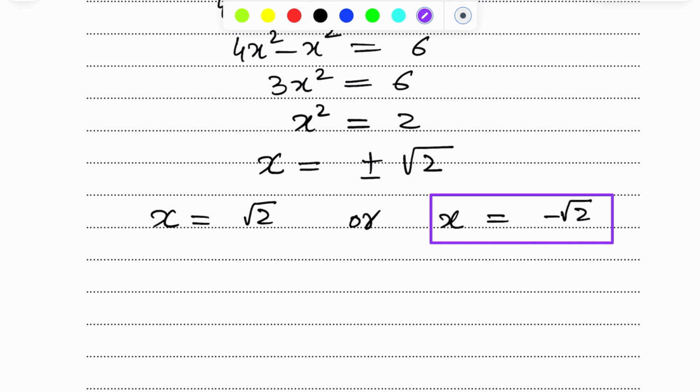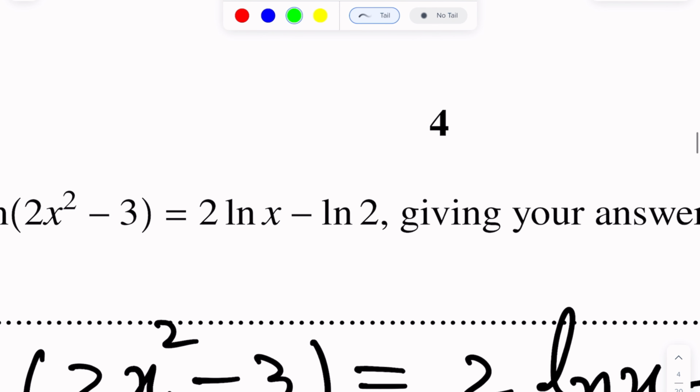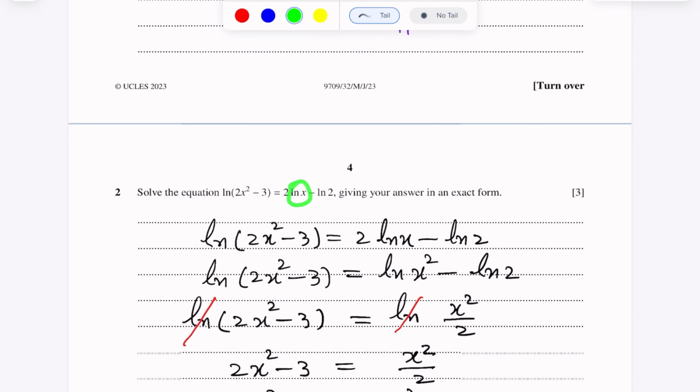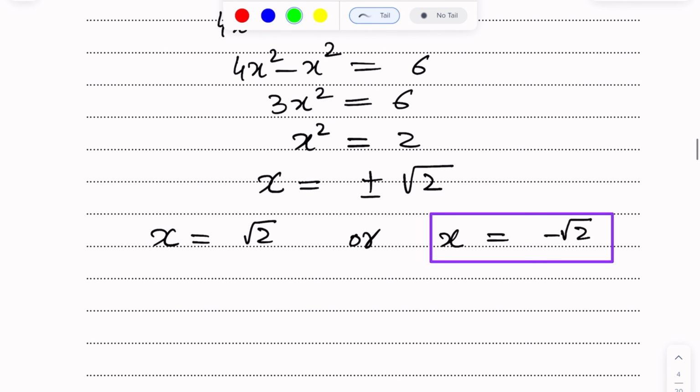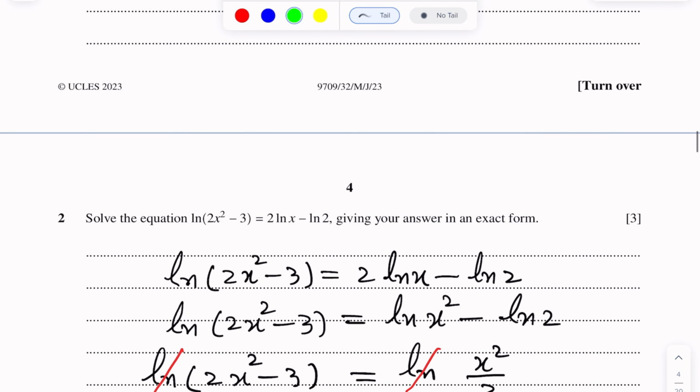Negative x is not valid because in the original question, when we put a negative here, the log of a negative number does not exist, so this value is not valid. So the only answer is x = positive √2. This is the answer. This value is not applicable. Only the answer is √2, which is in exact form.